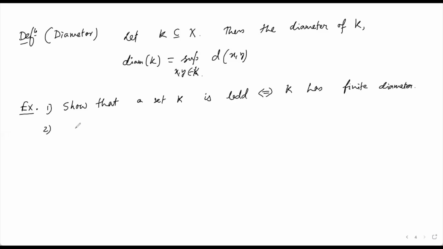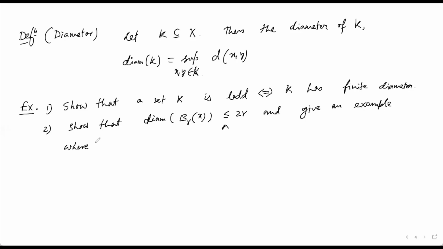And second, show that the diameter of a ball with center at some point x and radius r is less than or equal to 2r, and give an example where this inequality is strict.